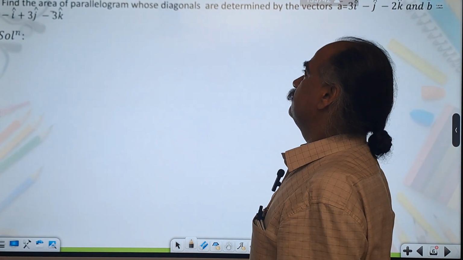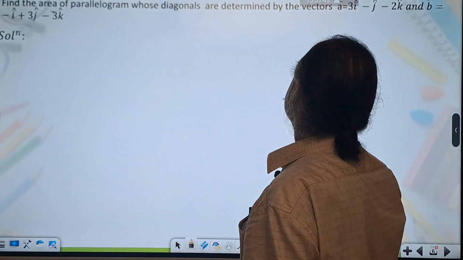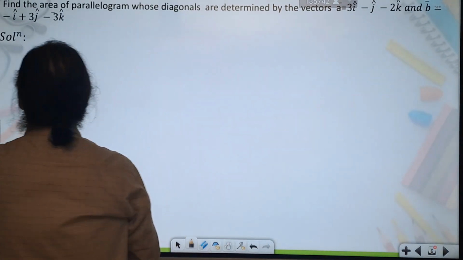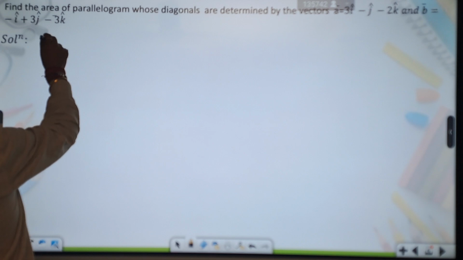Find area of parallelogram whose diagonals are determined by vectors a bar and b bar.